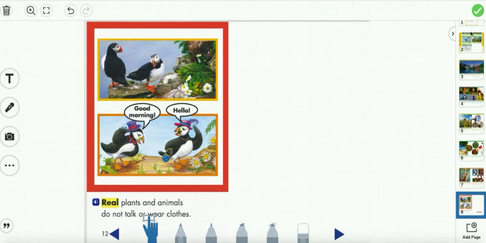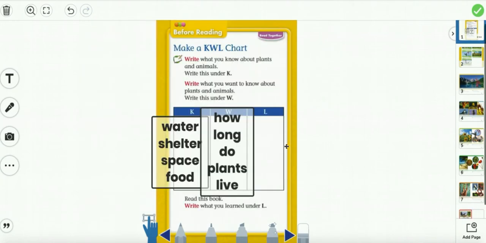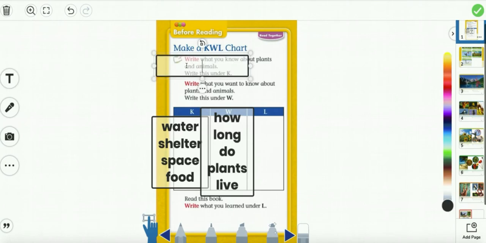Okay, so we're going to go back to our chart. What is something that we learned? We learned that they are different. Not all of them are the same. Plants are different. They have different sizes, different colors.